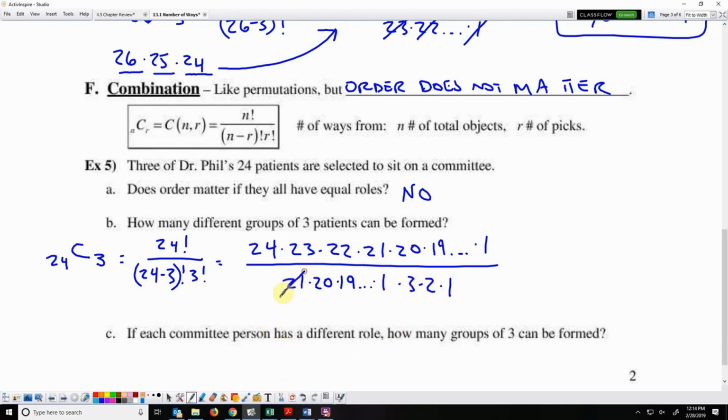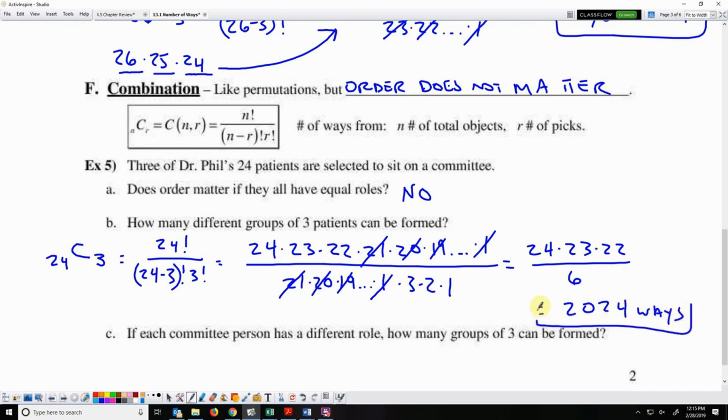So what cancels is 21 and 20 and 19 and 18, 17, 16 down to 1. So we're left with 24 times 23 times 22, all over 3 times 2 times 1, which is 6. So the product of all 3 of these divided by 6, and that comes out to be 2,024 different ways to choose 3 of Dr. Phil's 24 patients.